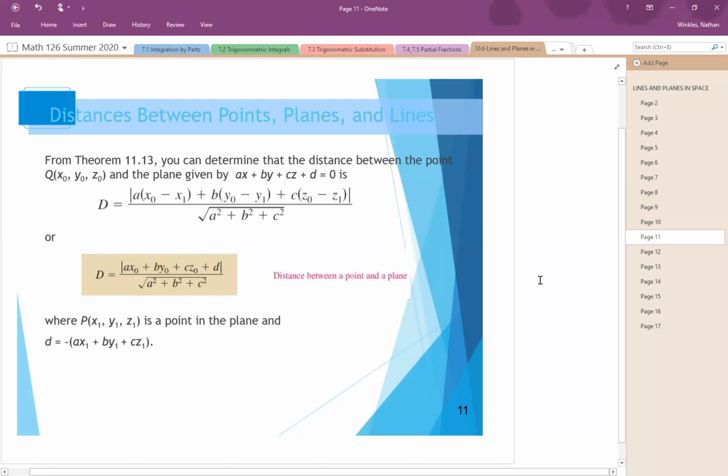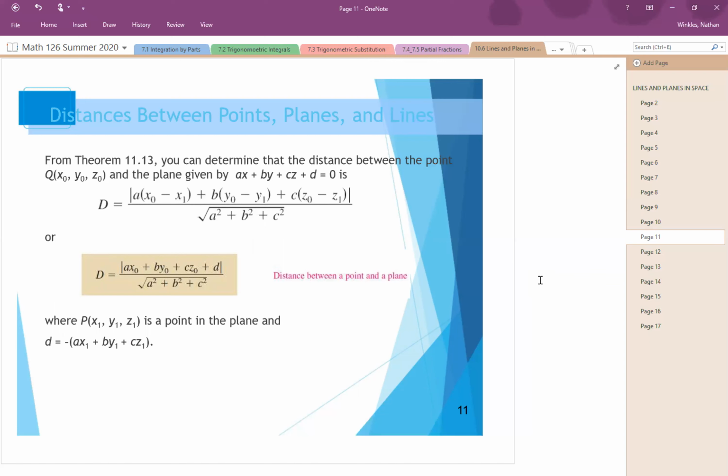From this theorem, you can determine that the distance between the point Q of x0, y0, z0 and the plane given by ax plus by plus cz plus d equals 0 is D equals the absolute value of a times x0 minus x1 plus b times y0 minus y1 plus c times z0 minus z1, all divided by the square root of a squared plus b squared plus c squared.